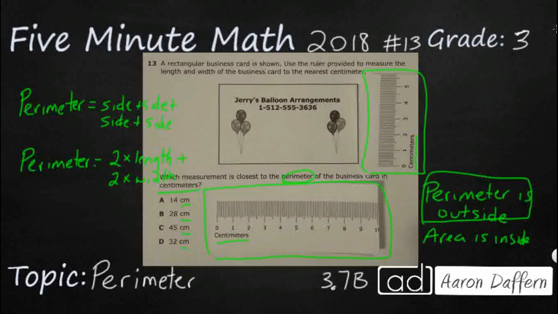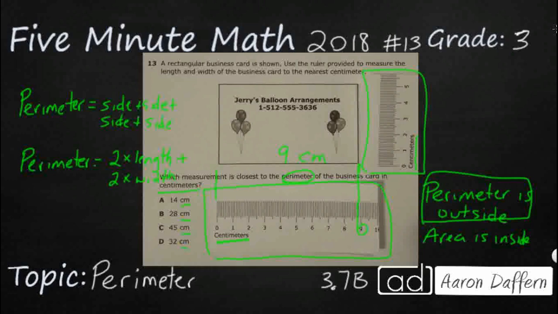So let's measure. You notice we've got our centimeters ruler, not our inches ruler, and we've got this 0 lined up right here with the edge, pretty close. Doesn't have to be exact, but just make sure your 0 is lined up with the edge. Then we're going to find this edge, and go to the nearest centimeter. That is really close to 9. It's not exactly 9, but for our purposes, let's just say 9 centimeters.